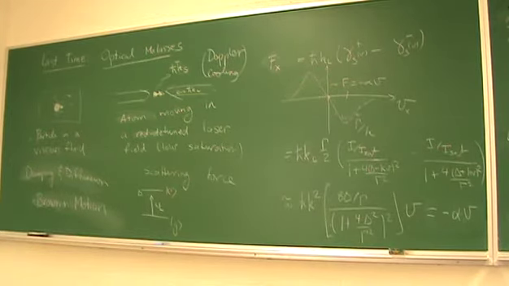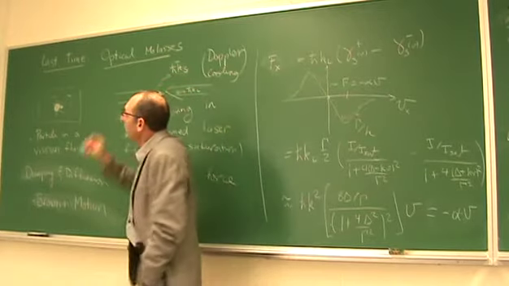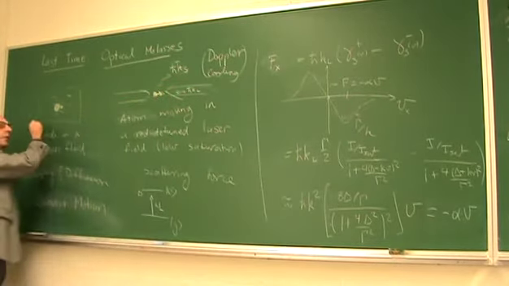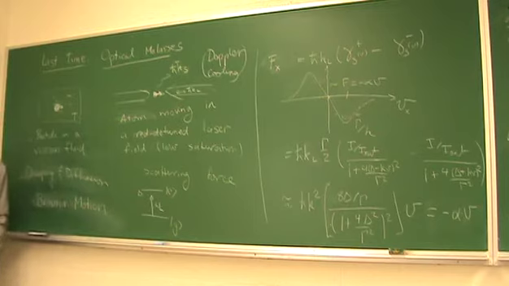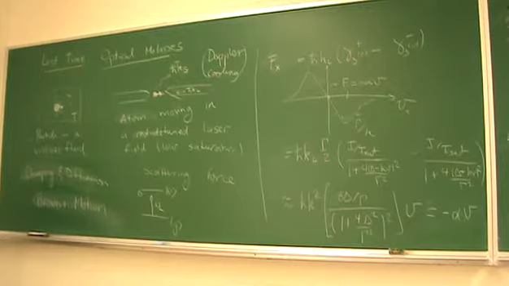So to get at the limits of how much we can damp the motion, from the point of view of the classical fluid, we know that if this fluid is at some temperature T, then through these collisions, eventually the particle will equilibrate with the fluid and come to that temperature.